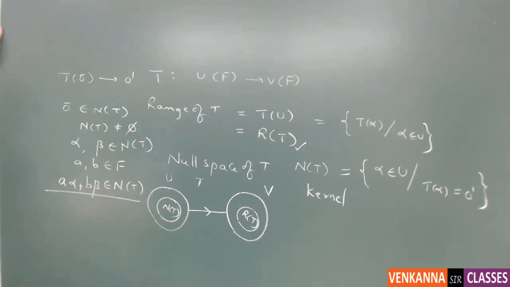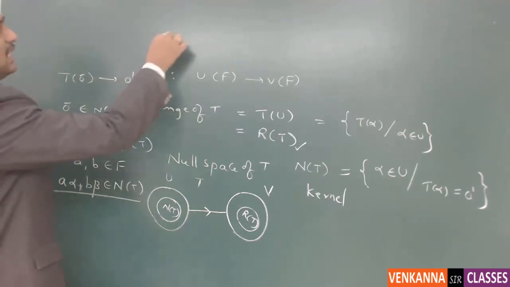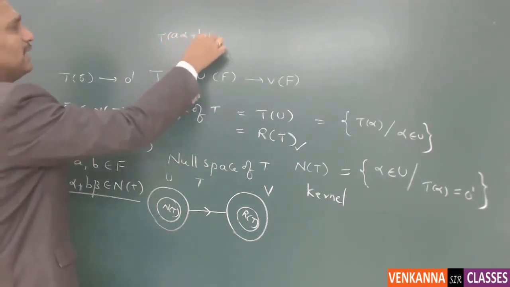If you observe the definition of N of T, alpha belongs to N of T only when its image is 0. That is called kernel or null space. Similarly, if I am able to prove that the image of a alpha plus b beta is 0 under T, then by definition a alpha plus b beta belongs to N of T. So I consider T of a alpha plus b beta.